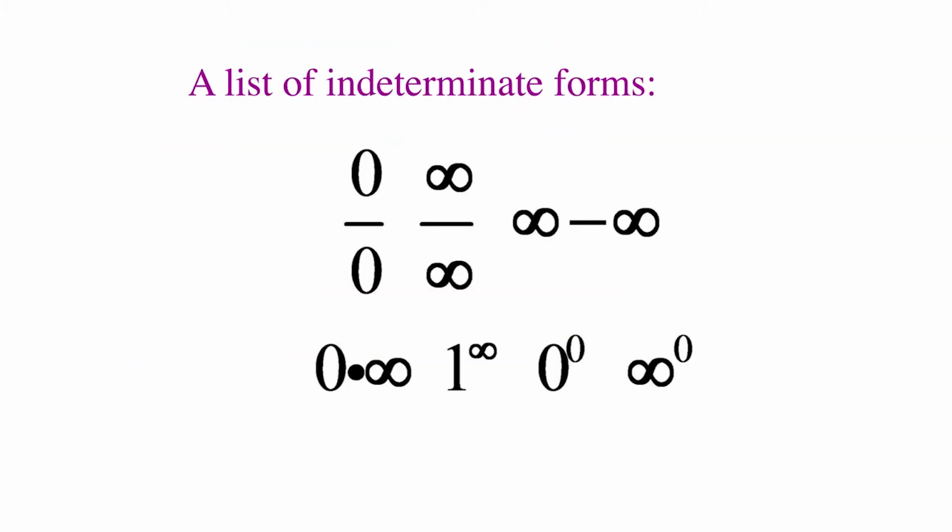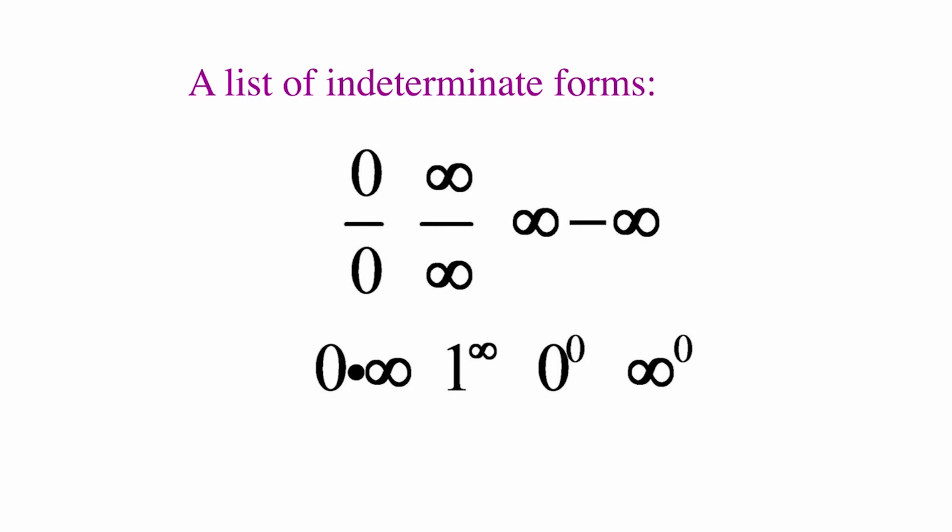Now 0 over 0 is not the only indeterminate form. Here's the list of indeterminate forms. As you can see, calculus is very different from our common sense. For instance, infinity over infinity, we cannot just cancel out the infinity signs and say the answer is 1. It's not.